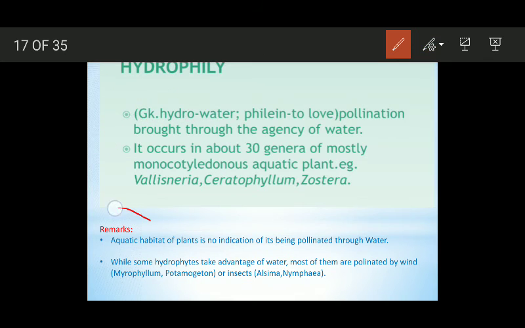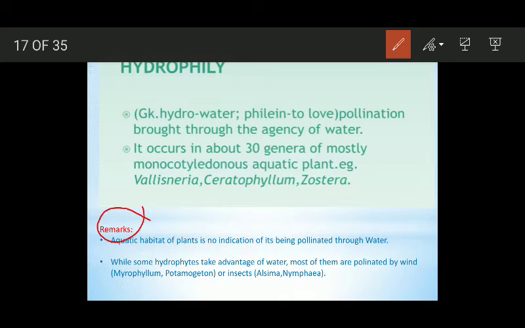Now some important remarks on hydrophily. It is not always necessary that a plant which lives in aquatic habitats shows hydrophily. It is no indication that a plant which is aquatic shows hydrophily. There are some plants which take advantage of water to get their flowers pollinated, but there are some other examples as well.